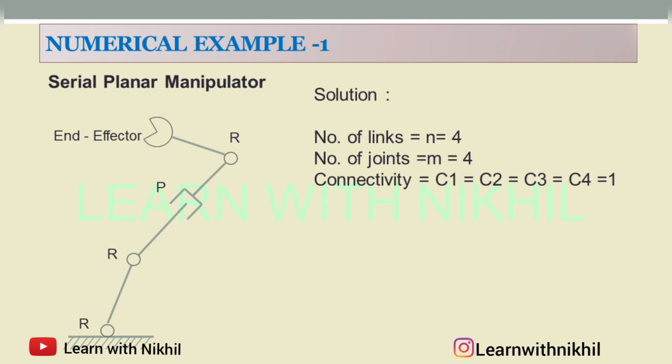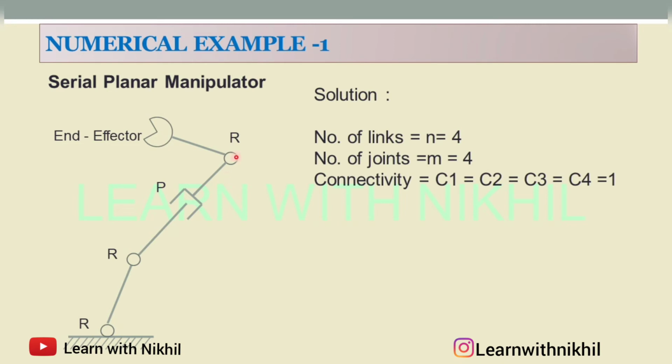Now the connectivity of this revolute joint or the prismatic joint is 1. If I had one more joint attached from here, it would have been a connectivity of 2. But here you can see this is the input and the output link.